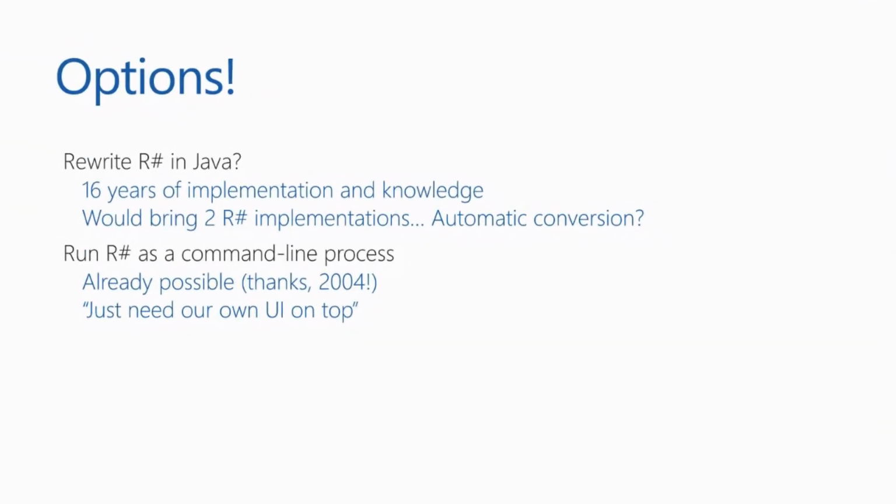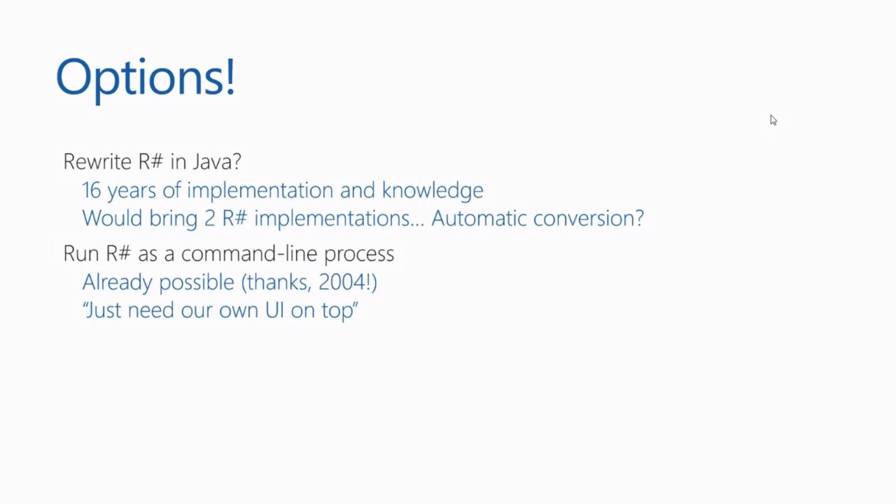We would have one in .NET and one in Java. That's probably also not ideal. An automatic conversion could be some option as well, where we would convert some of the C# code into Java, but we decided maybe that's not a good idea.